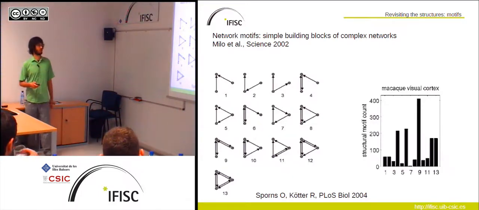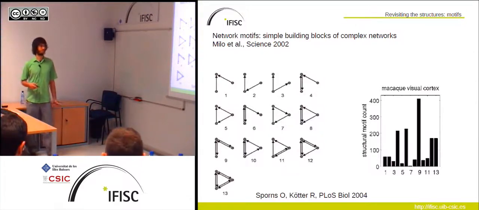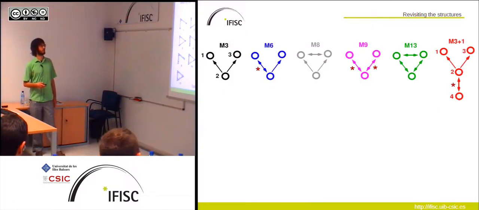It was seen that the macaque visual cortex, for instance, shows all of the motifs, and some appear with a probability much larger than expected by chance. So this perhaps indicates that some motifs show some dynamics that are more important than others, or for some reason this occurs, and we'd like to understand this better.